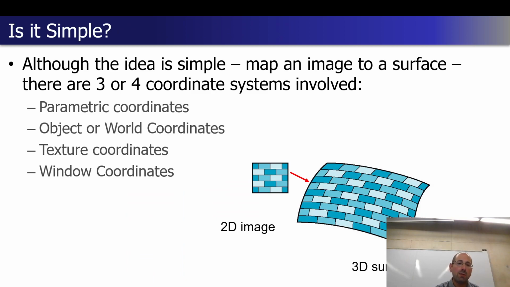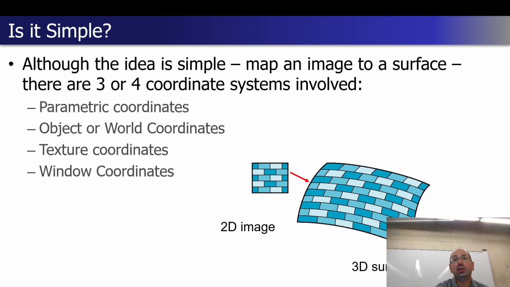We'll start with the actual task of mapping these texture coordinates. It gets a little tricky in practice because while we already have the coordinate systems we're dealing with, our object or world coordinates and all the transformations that happen therein, and our final window coordinates where things appear after our viewport transformation, we now also have this whole additional coordinate system that we have to manage.